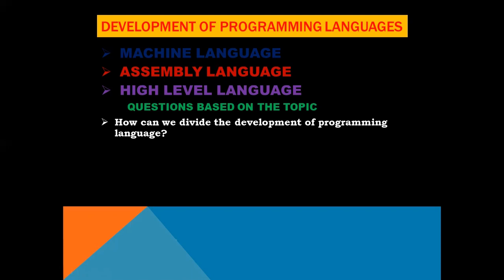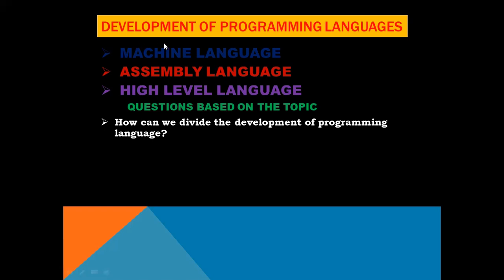So it was very easy to learn and use. And we use either a compiler or an interpreter to convert this high-level language to machine language. Why? Because machine language is basically understood by the computer. So this was about the development of language.